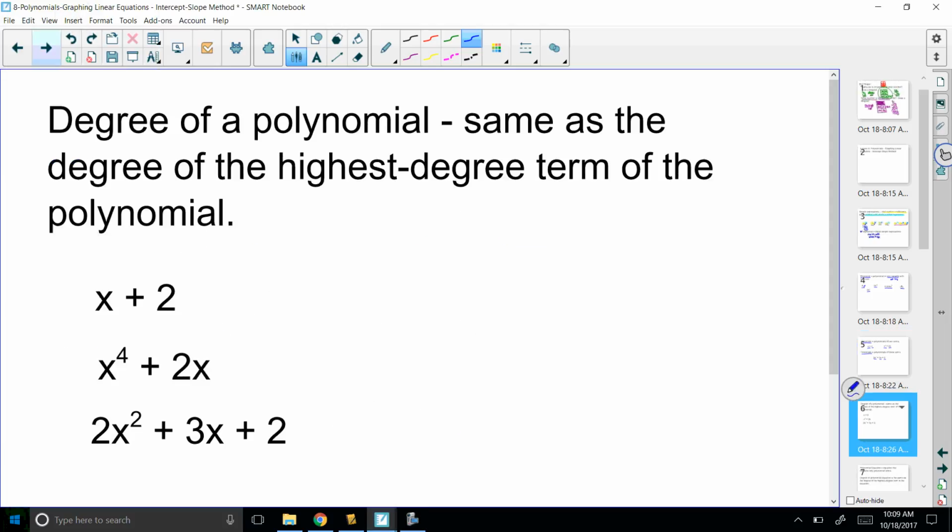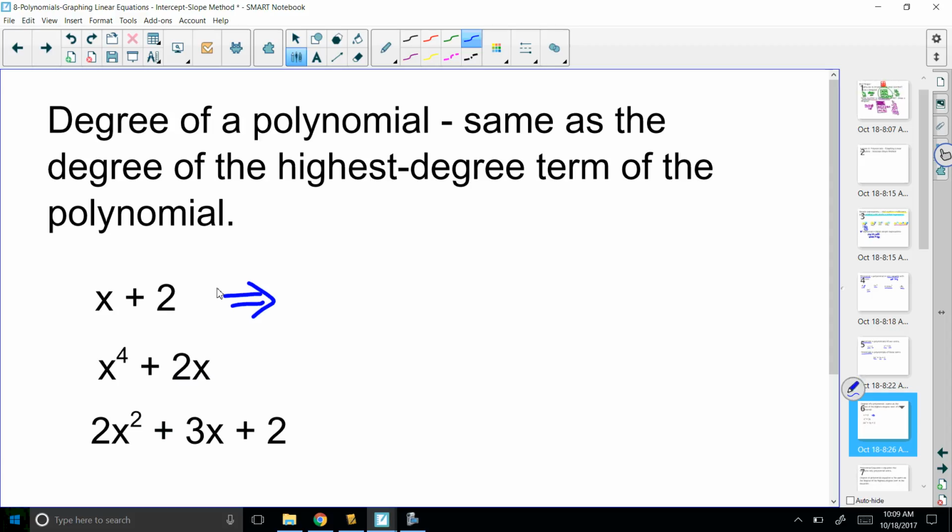So the next thing that we need to discuss about these so we can understand something about the graph is the degree of the polynomial. And the degree of the polynomial is the highest degree term of the polynomial. If we are with one variable, it's just going to be which one of the x's has the highest power. It's going to be the highest power of x. So if I look at the first example that I have up here, x plus 2, first of all, what type of a polynomial is that?